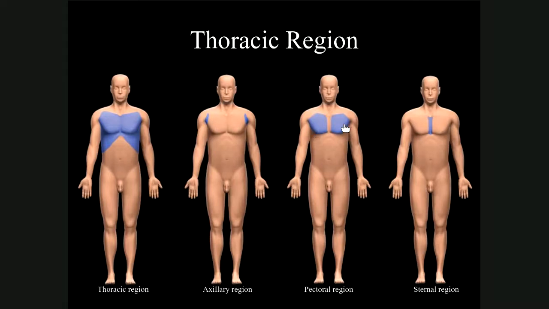These are your pectoralis major muscles. Also within your thoracic region, you have your axillary region. Axillary is going to be your armpits. And also sitting medial to your pectoral region will be your sternal region. This is where your sternum lies, that hard breastbone that separates your right chest from your left chest. Chest means thoracic.